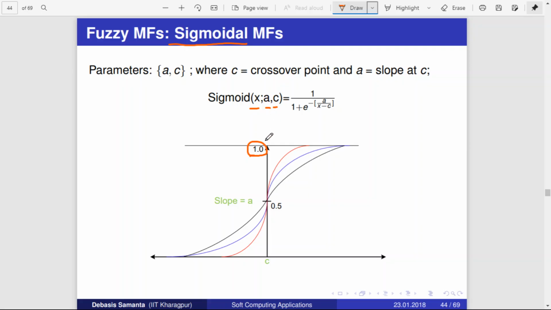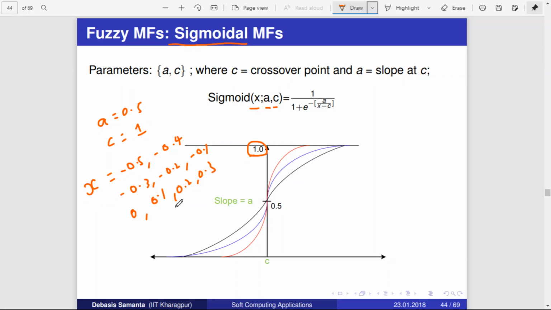If you apply different values of x, like minus 0.5, minus 0.4, minus 0.3, minus 0.2, minus 0.1, 0, 0.1, 0.2, 0.3, 0.4, 0.5, and so on and so forth, then this is the curve you will get.